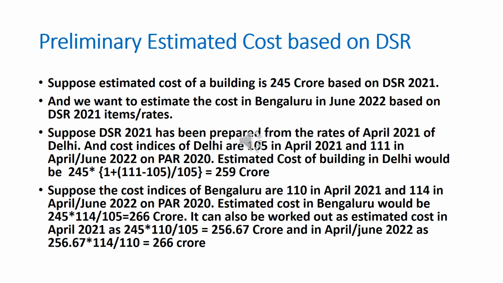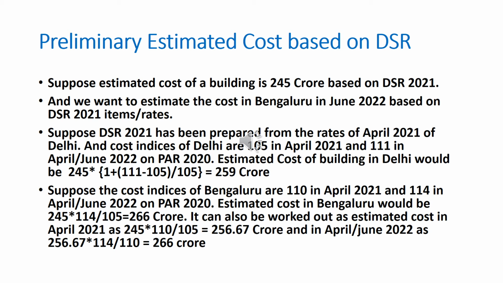22. So suppose the plinth cost index was 105 in 2021 and it is 111 in 2022, then whatever difference is there, you divide with the base year, that is the 105 cost index.